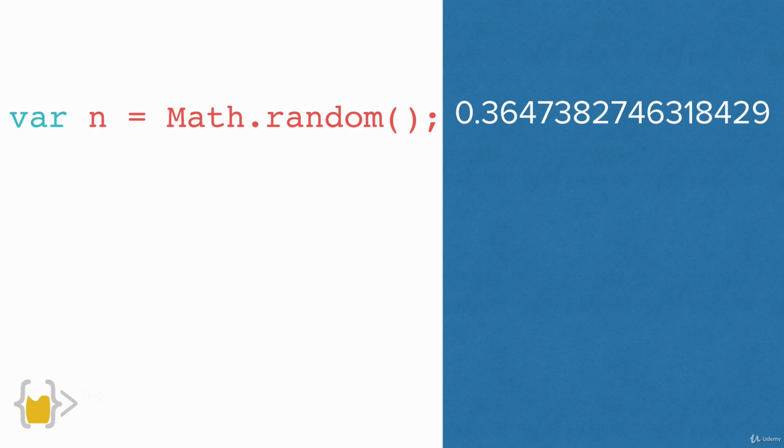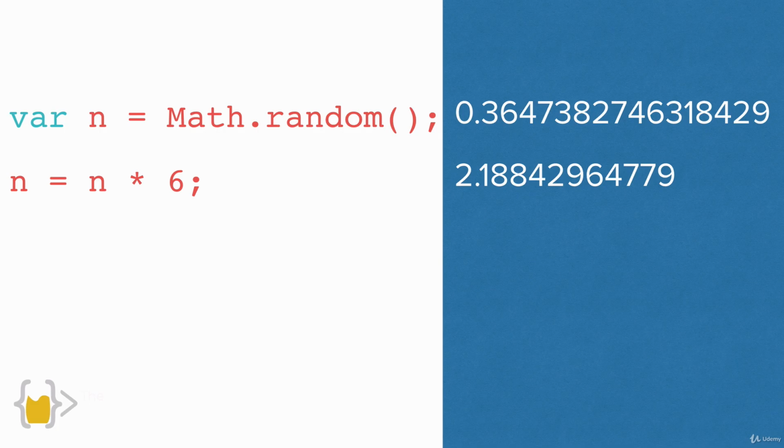Now say that in this case we get 0.3647, etc. Now say we were trying to simulate a dice roll, so we have 6 possibilities. When we roll a dice we get any number between 1 and 6, right? So how do we take this random number that we get from Math.random and turn it into a number between 1 and 6? Well, we could first multiply it by 6, so we get 2.188.